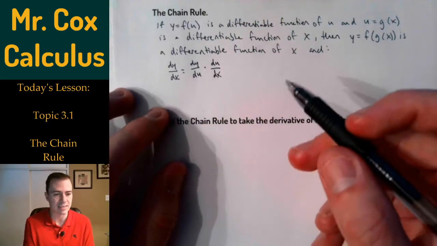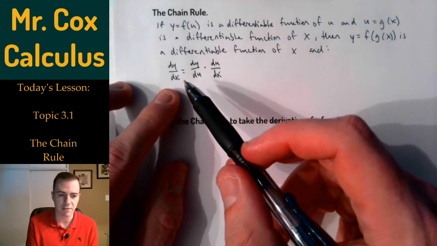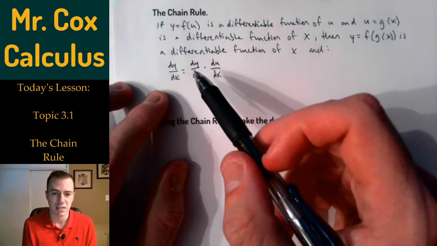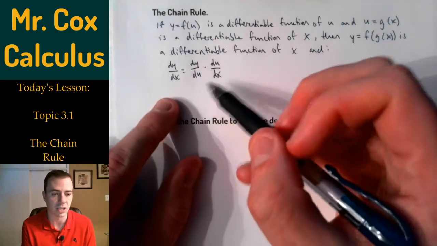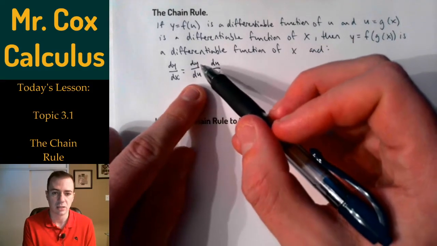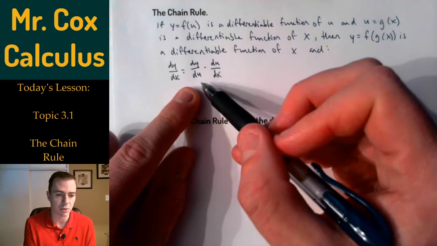And I'll kind of plainly state this here at the end, but one of the advantages to Leibniz notation is this dy du and du dx, they're not fractions per se, they represent something. This represents the rate of change of y with respect to u.